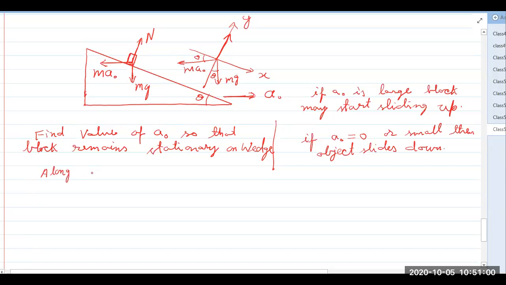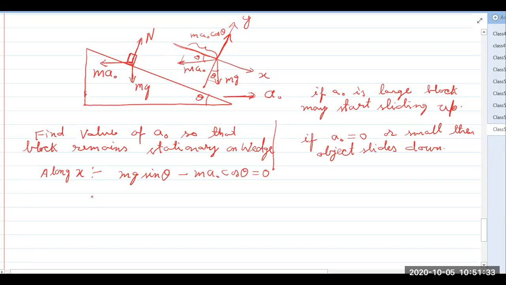Along x, the equation: mg sin theta down the incline, and then the component of ma naught along x, which is ma naught cos theta up the incline. These two must be balanced.